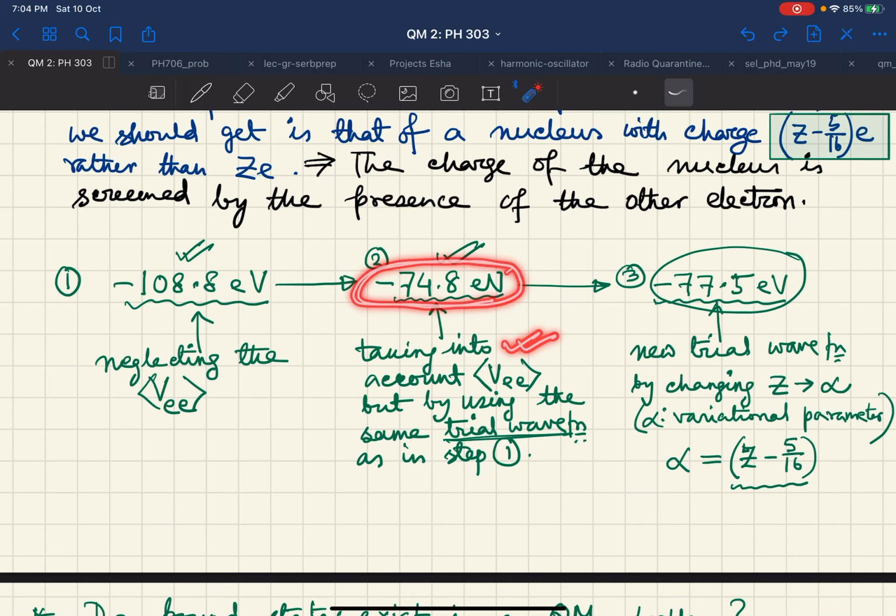That gave us the result of minus 74.8 electron volt. What does this tell us? This tells us that sometimes we can actually do even better than first order perturbation theory. First order perturbation theory gave us minus 74.8 electron volt. The variational method with a judicious choice of the trial wave function gave us a much better result than this one.